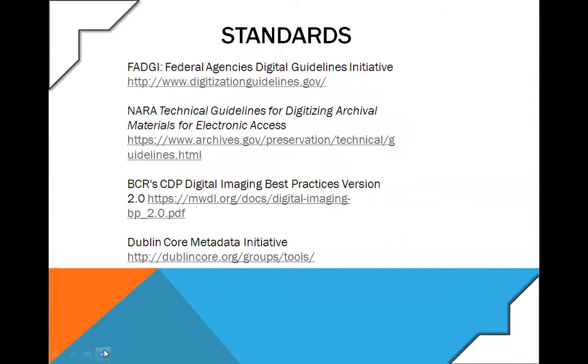So these are some of the standards for digitizing images. FADGI and the NARA technical guidelines tend to be a little bit more on the technical end of things and very specific. So if that's something you're looking for, awesome, rock those guys. The CDP digital images guide, I think, is a lot more accessible.